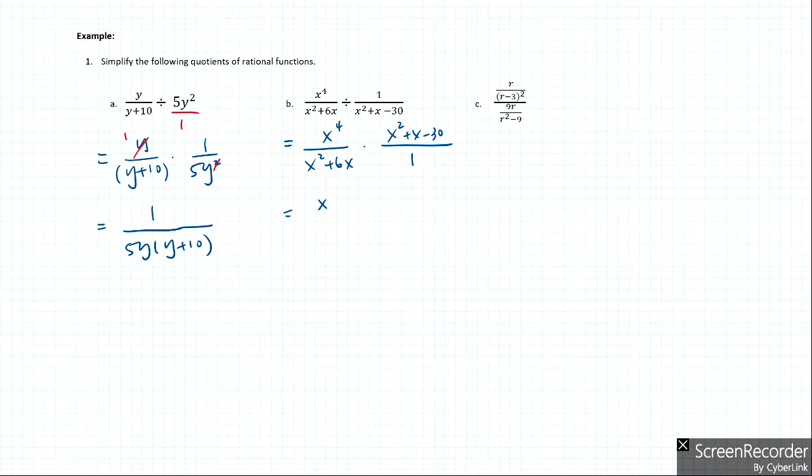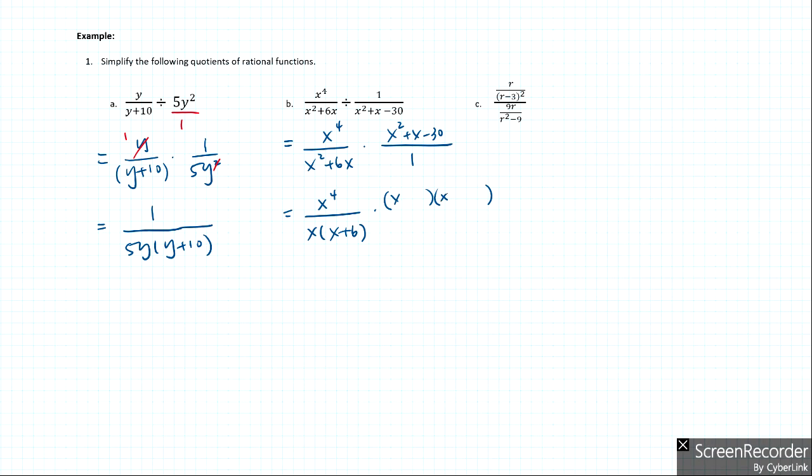Here, x to the 4th cannot be factored, but in the denominator, x squared plus 6x share a common factor of x, so we factor that out to get x times x plus 6. Then we have x squared plus x minus 30. That needs to be factored into a product of two binomials.